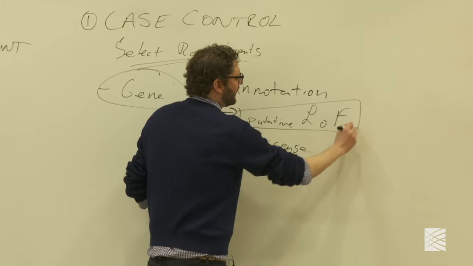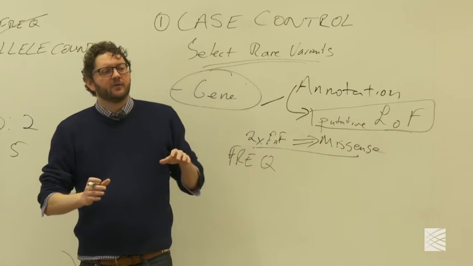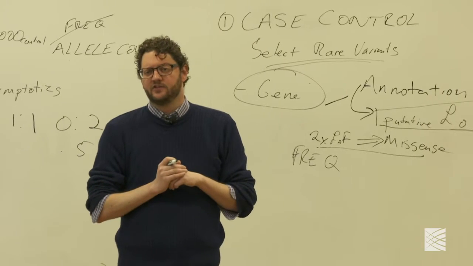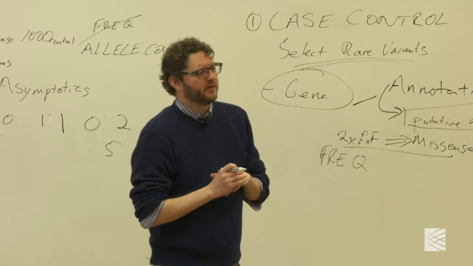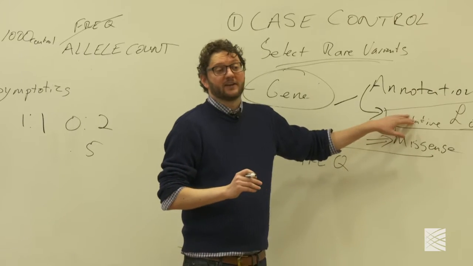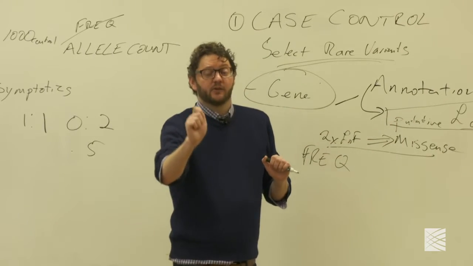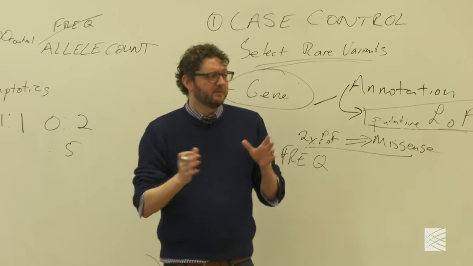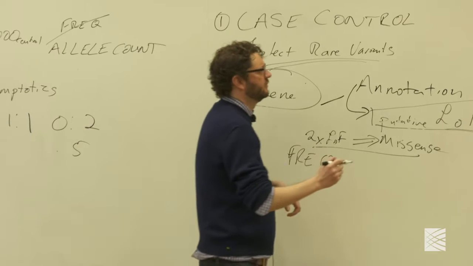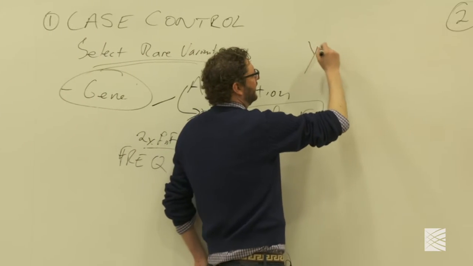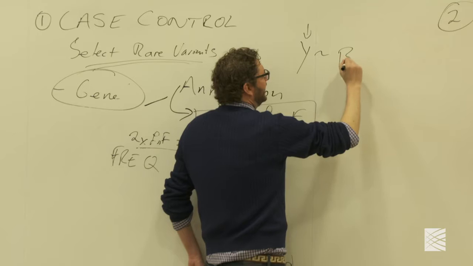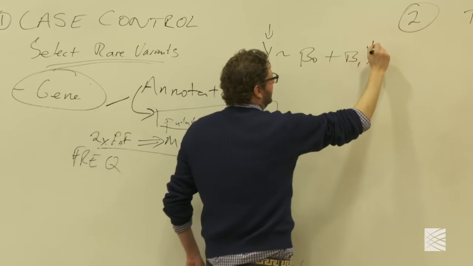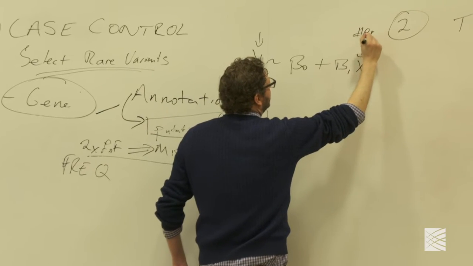So here in our loss of function universe, we can think that all of these mutations are knocking out one of the two copies of the gene. As a result of knocking out one of the two copies of the gene, we can have a strong expectation that the downstream biological consequence of that kind of mutation is going to be the same. So maybe grouping that together and just setting up a little straightforward regression where this is maybe our phenotype, and now we have something like this, where this is the number of LOFs that you carry.